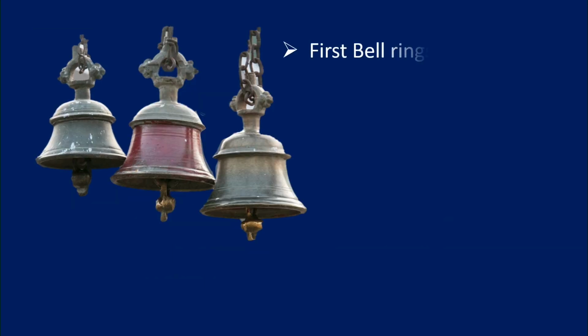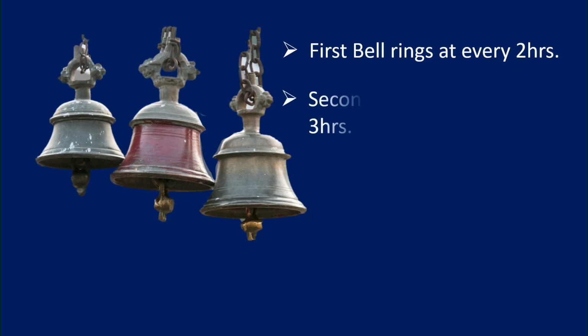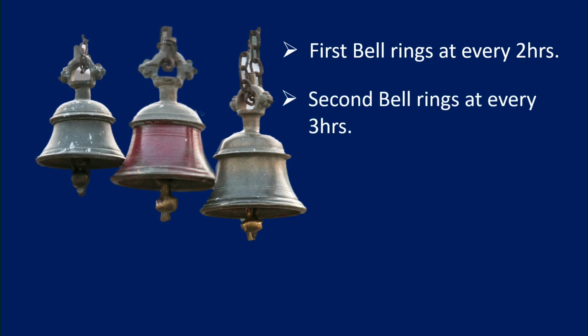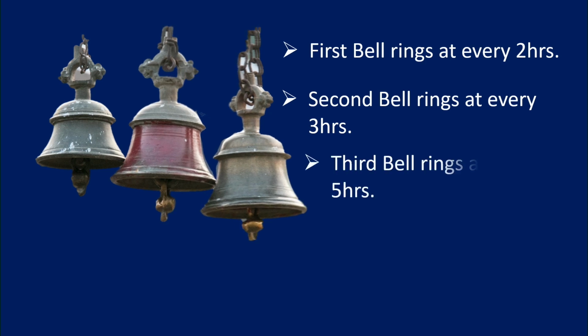Here the first bell rings at every 2 hours, the second bell rings at every 3 hours, and the third bell rings at every 5 hours. This type of arrangement has been given to these bells.